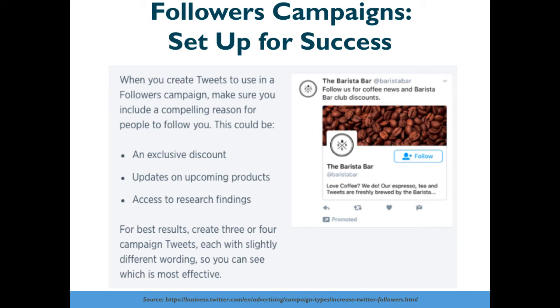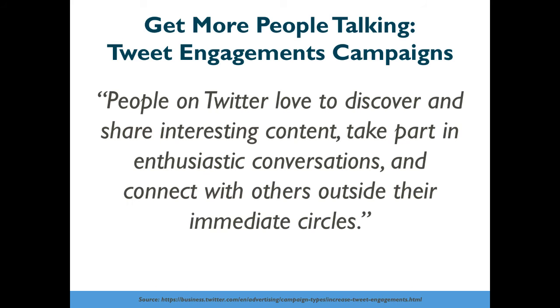So for best results, you might want to try 2 or 3 different tweets and test them to see which one people respond to the most. And then, as you can also see down here, it says promoted, so you can tell this tweet is an ad because it's got that information at the bottom that it is promoted.